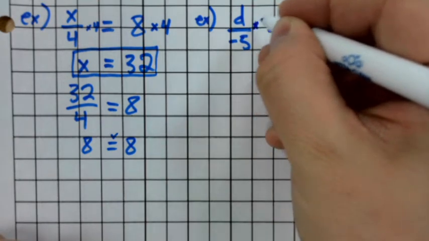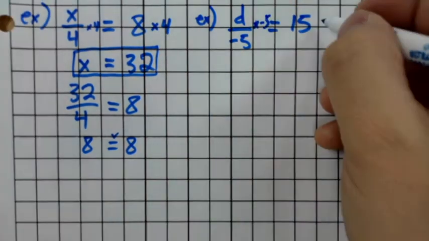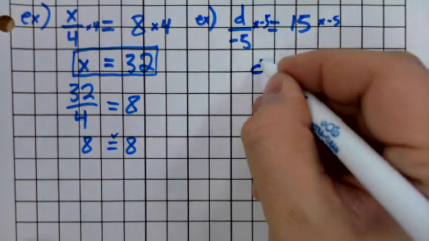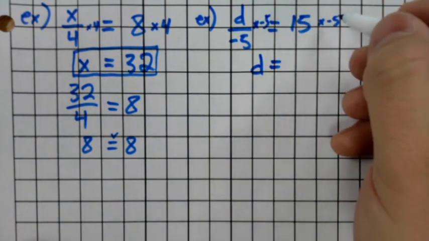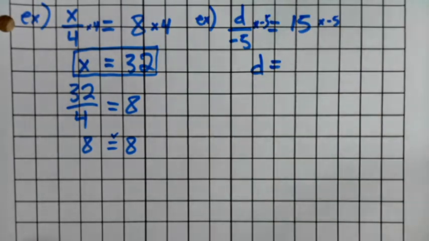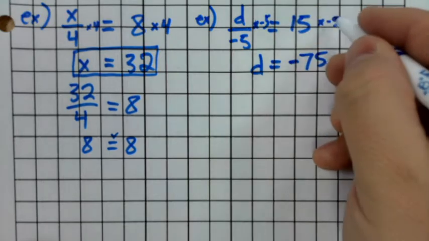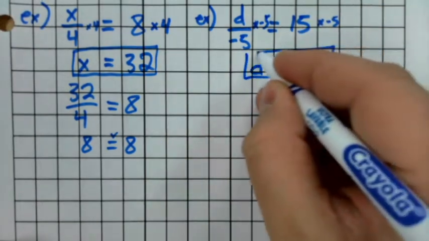So we're going to multiply this whole fraction by negative 5. So this becomes d, and 15 times negative 5 is 75, but it's negative. Why? Because positive times negative is negative. So d is negative 75.